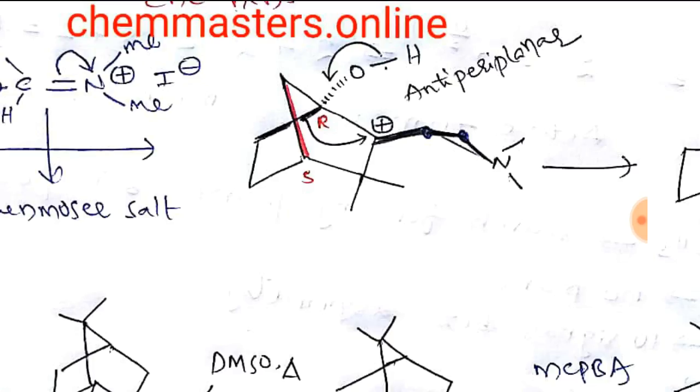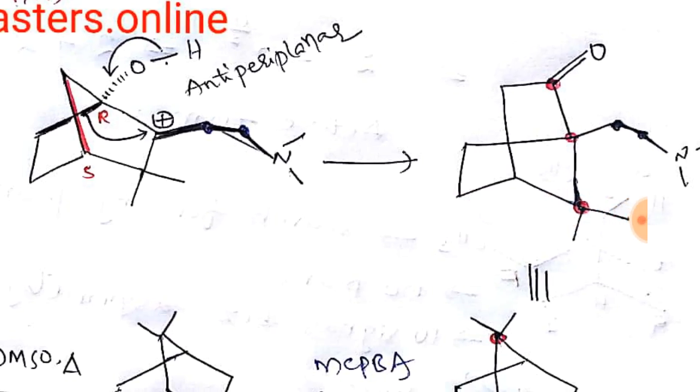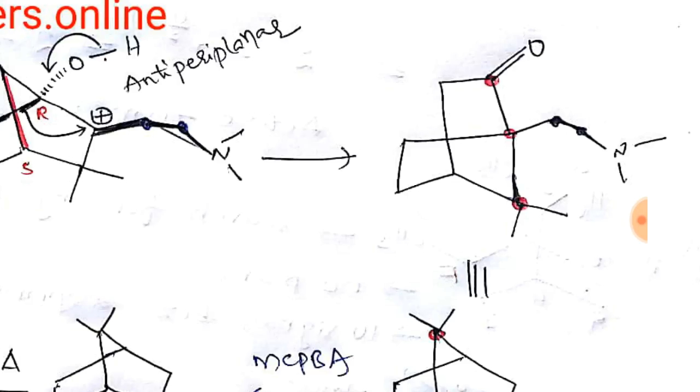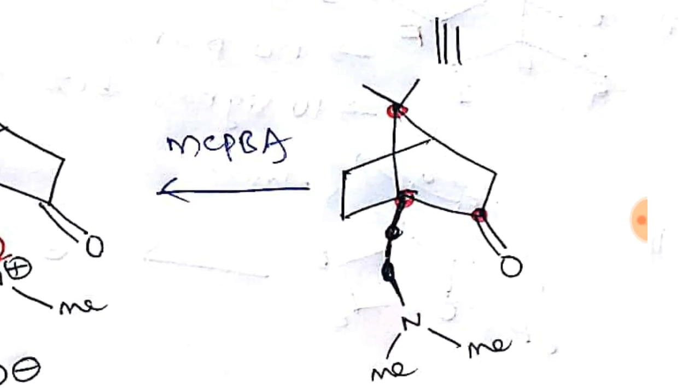During that process, the oxygen-hydrogen bond cleaves and the electrons drag onto the oxygen-carbon bond, forming a carbonyl functional group. After rearranging, we get this product.